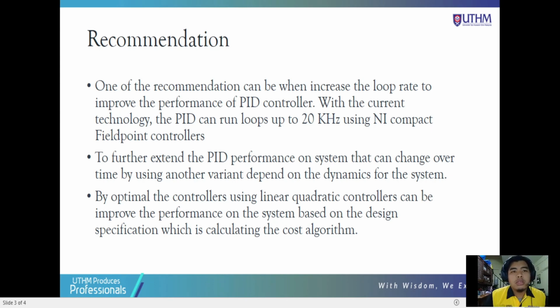Second, to further extend the PID performance on systems that change over time, use another variant depending on the dynamics of the system. And last, by optimizing the controllers using linear quadratic controllers, improvements can be made on the system based on the design specification, which is calculating the cost algorithm.